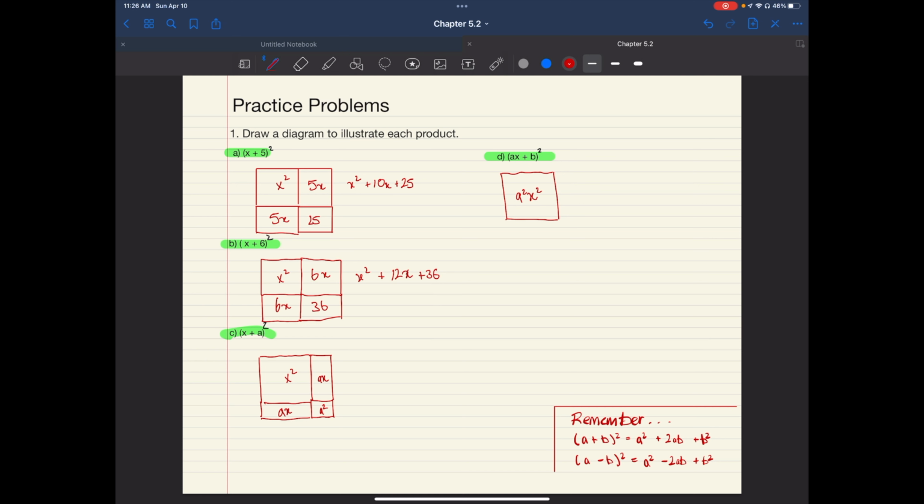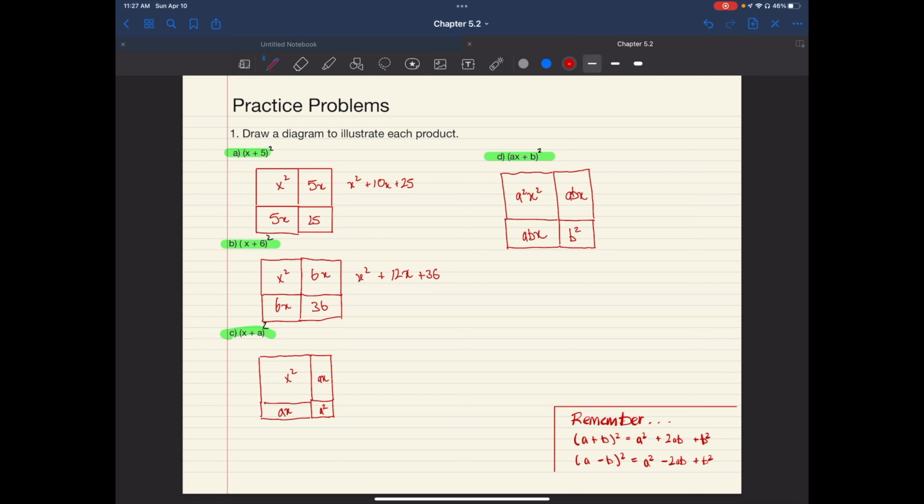Then we are going to have a bx, another a bx, and then we're going to have b squared.